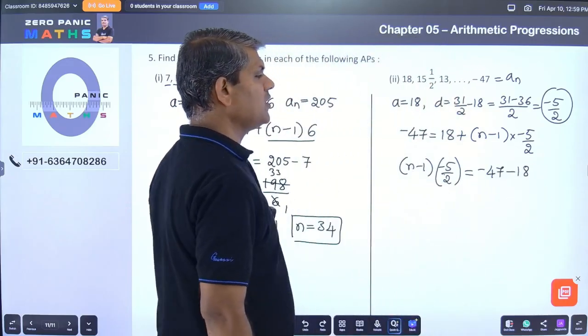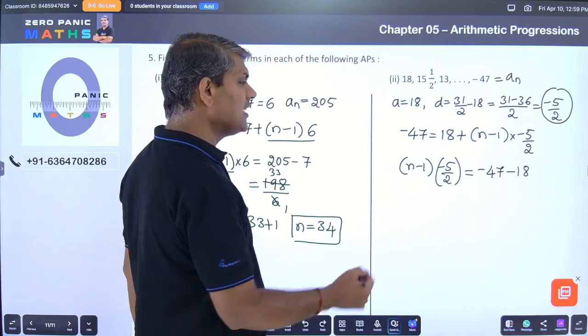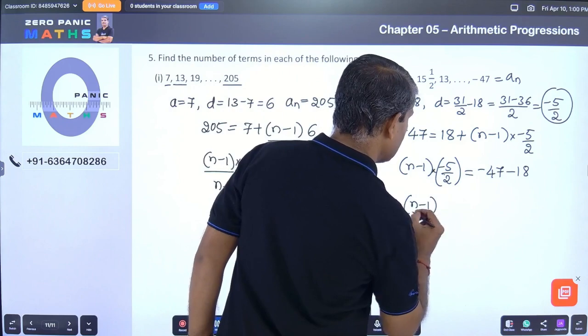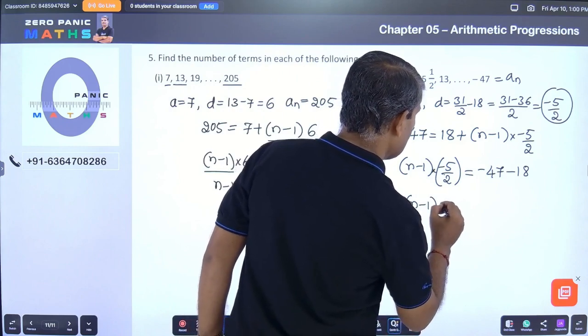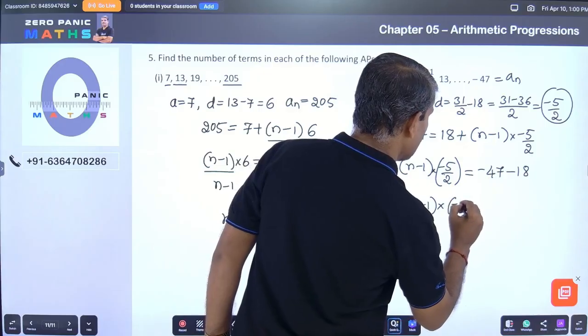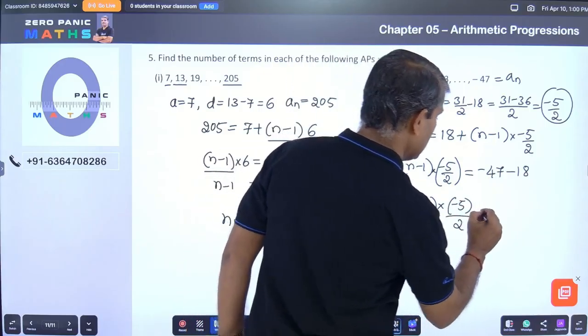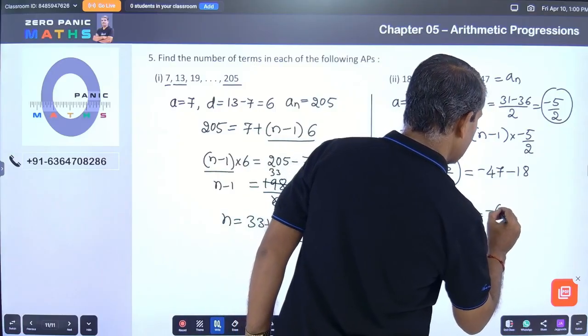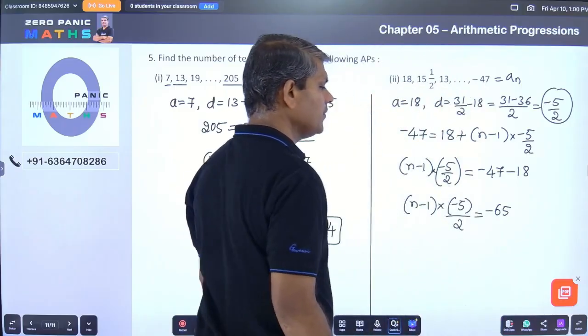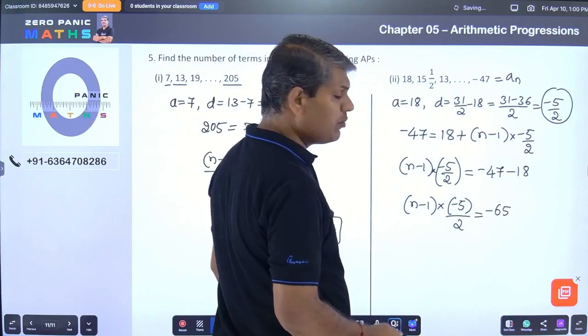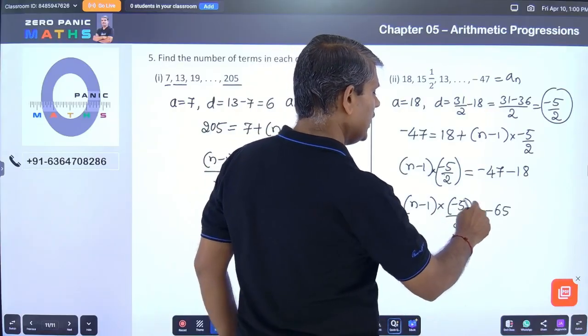What is that? Minus 65 it will give me. Let me write this as (n minus 1) into minus 5 by 2 is minus 65. Now minus minus can get cancelled because this is a multiplication only, it will make plus.